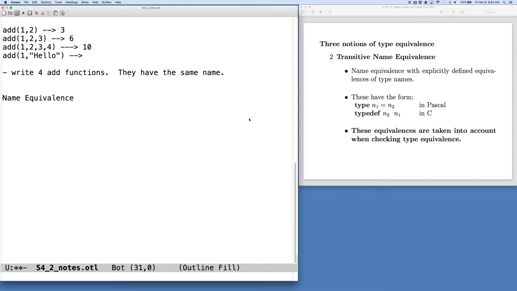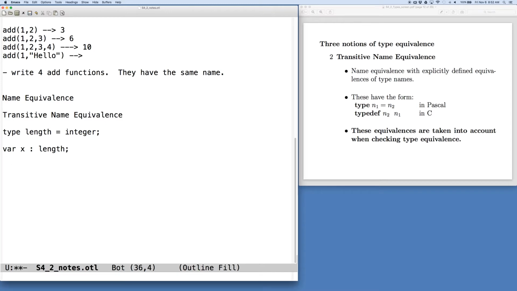Transitive name equivalence. This is one where we are allowed to use typedefs in C or the type keyword in Pascal and say that one type is the same as another type. So this is often done when we introduce new types, right? So in a language like Pascal, we may say type length is equal to integer. And in our code, we'll say, okay, I have some variable x of type length.